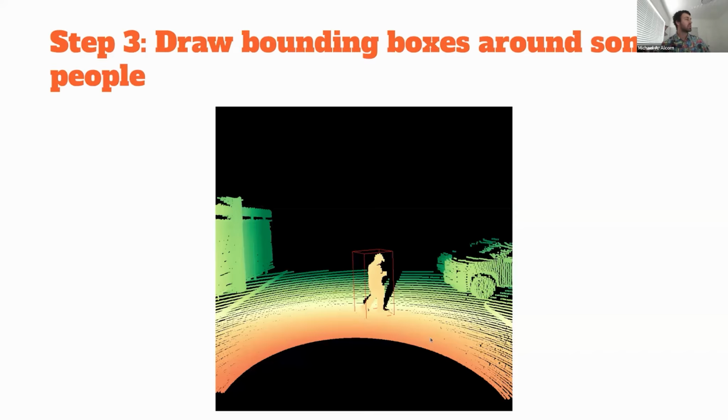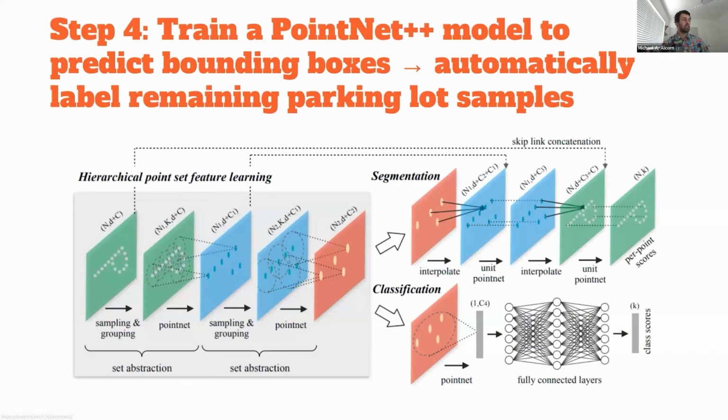Once you get some labels, though, you can quickly scale up the rest of the bounding box annotation by training a model on that limited data set. The reason this works is because, like I said, you can automate the extraction of the human points, and once you have just the human points, it's a fairly constrained machine learning problem.